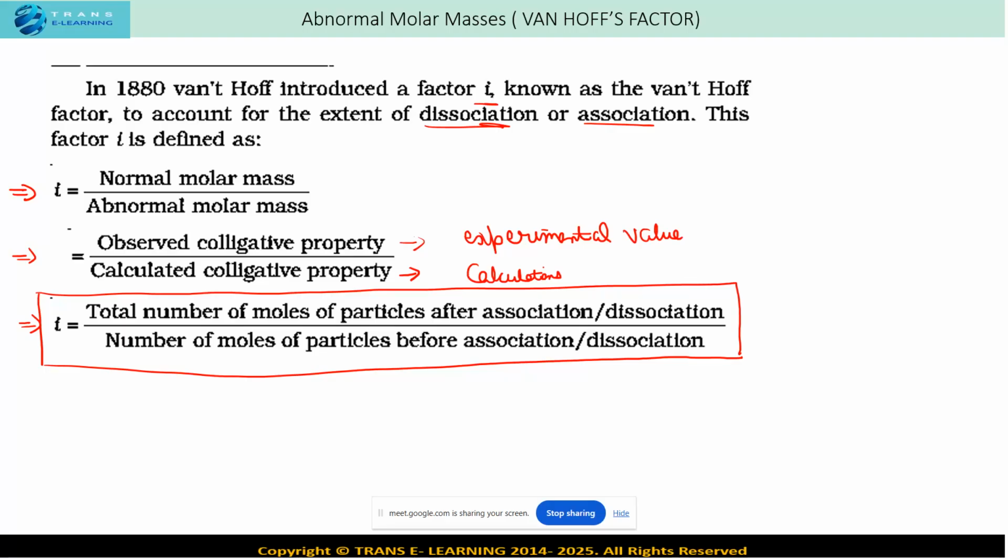Why? Because with the equations and questions given, we can only know what happens to the moles after association and dissociation, whether it increases or decreases. As such, we cannot calculate the experimental values. So we are going to use this formula to solve the questions related to Van't Hoff.